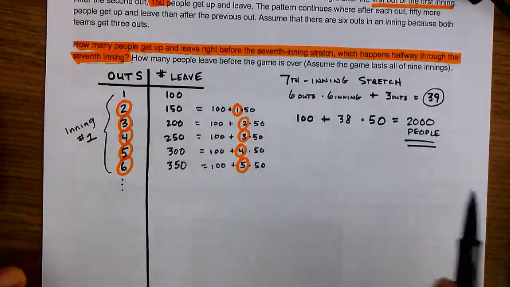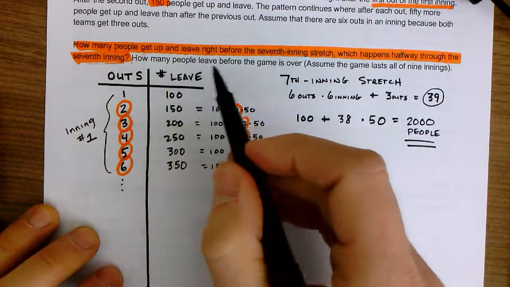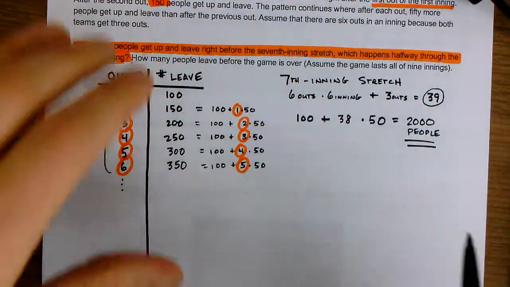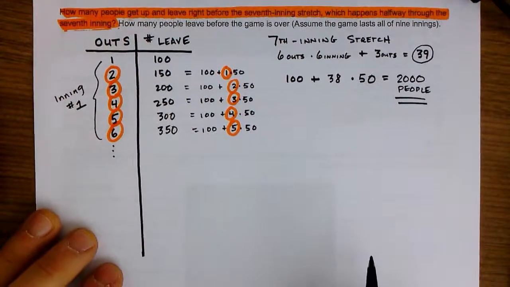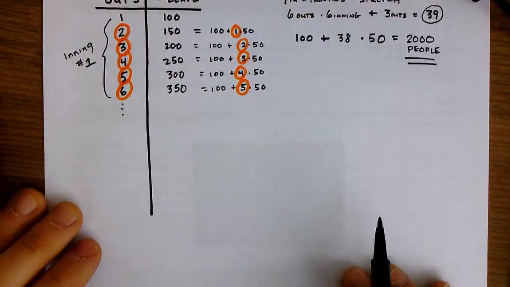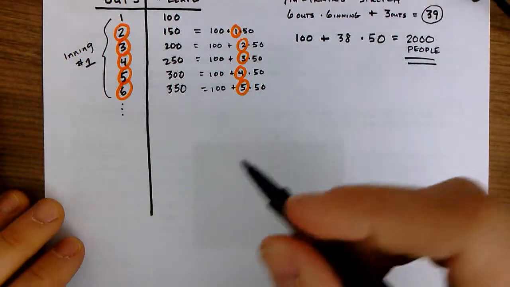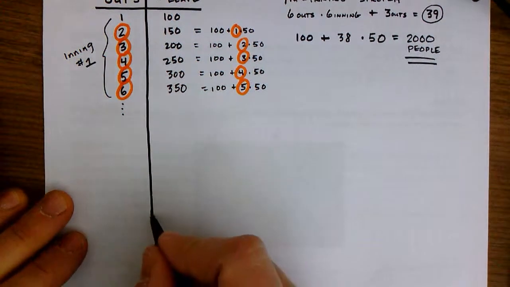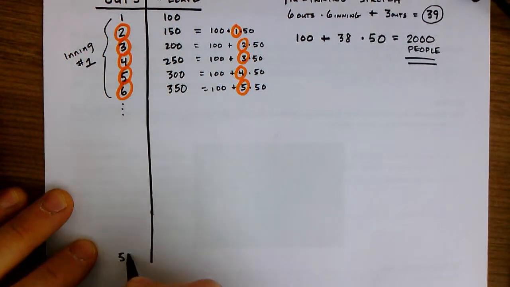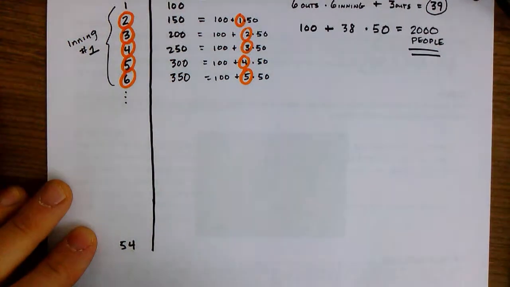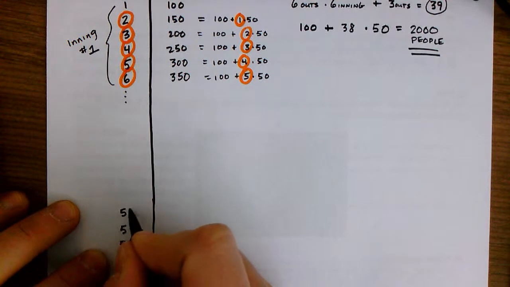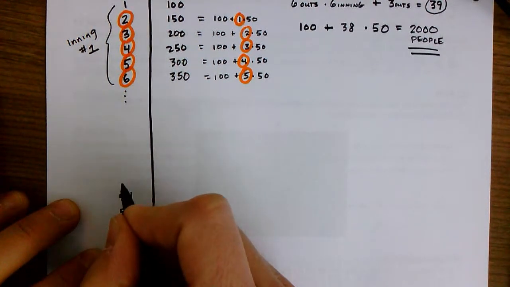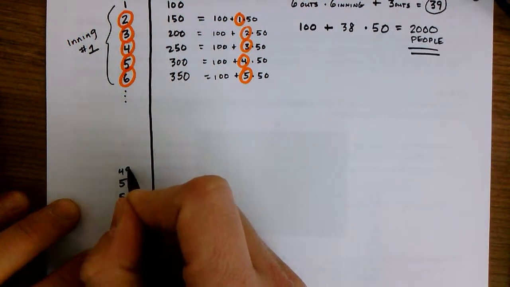Here's part 2. We're asked, how many people leave before the game is over, assuming that it lasts all 9 innings? Well, if it lasts all 9 innings, that means that there are going to be 9 times 6 equals 54 outs. And then let's work backwards a little bit: 53, 52, 51, 50, 49, and so on.